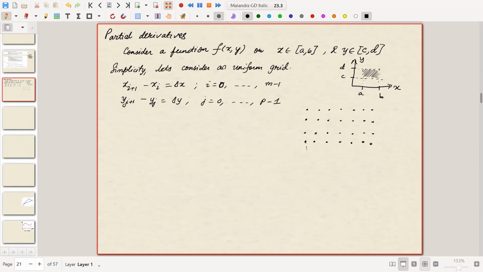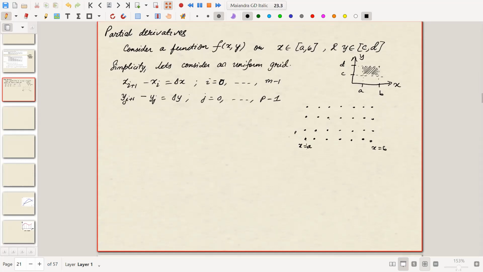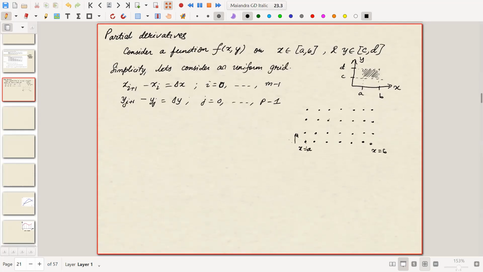This can be your x equals a to x equals b, and similarly we can have the y axis as well. This guy here is delta y, and this guy here will be delta x. Clear? You understood the delta x, delta y, right?